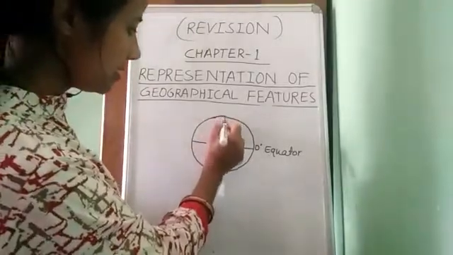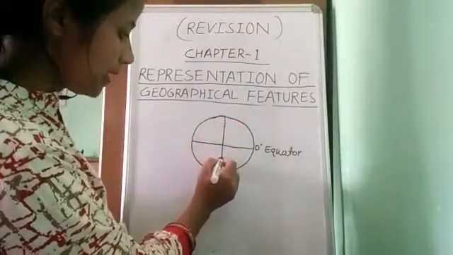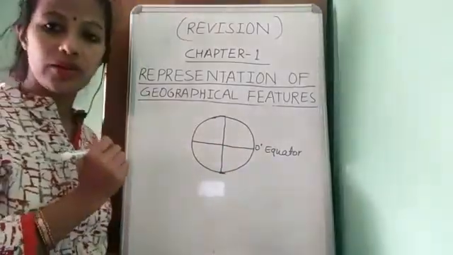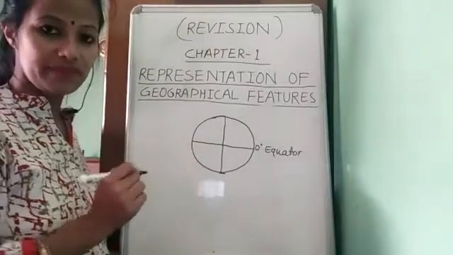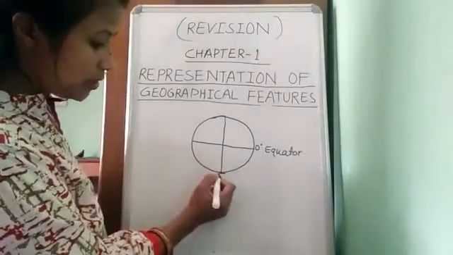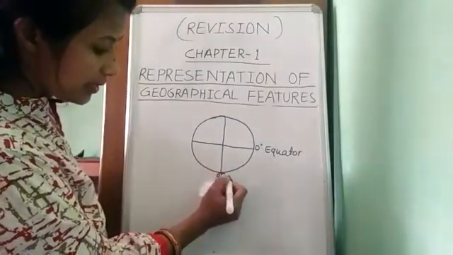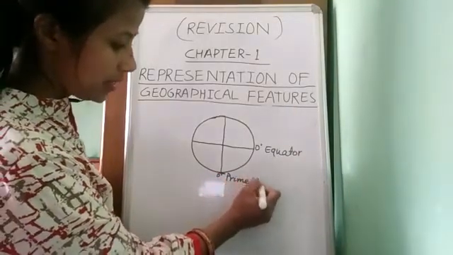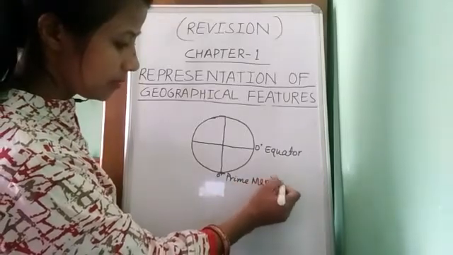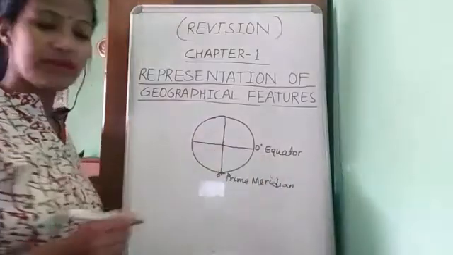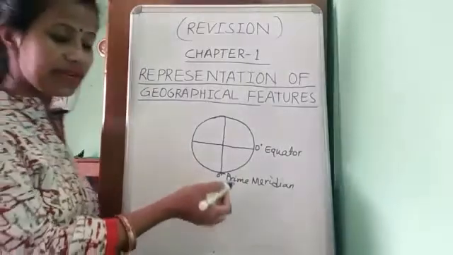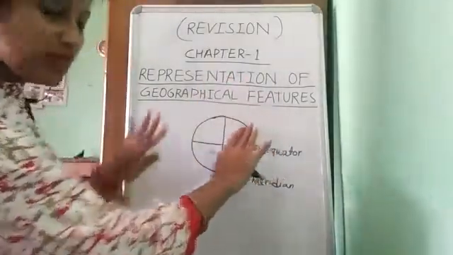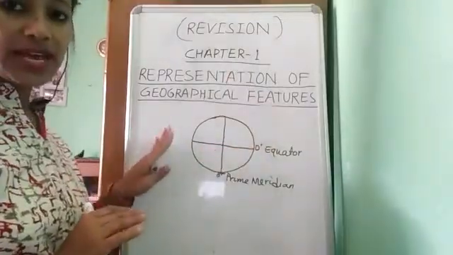Here the prime meridian is located at 0 degree longitude. They are imaginary lines. 0 degree longitude, prime meridian. And the prime meridian divides the earth into 2 hemispheres again, eastern hemisphere and western hemisphere.